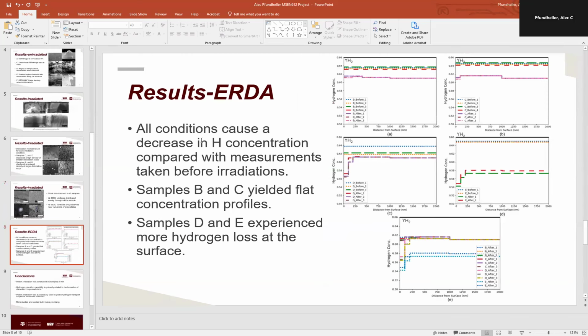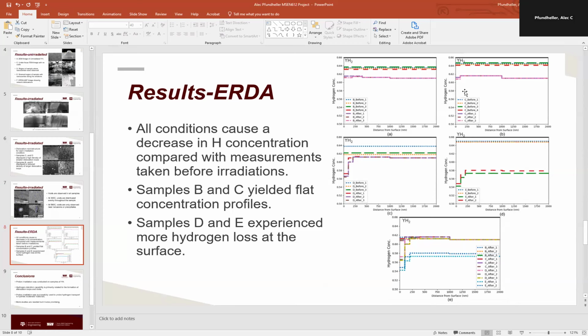Now, finally, I mentioned the IBA analysis earlier in my presentation. These are the results. So what are we looking at? This is distance from the surface for all 4 of the samples, and this is the hydrogen concentration near the surface. This graph E is all of the samples put together in a single graph.